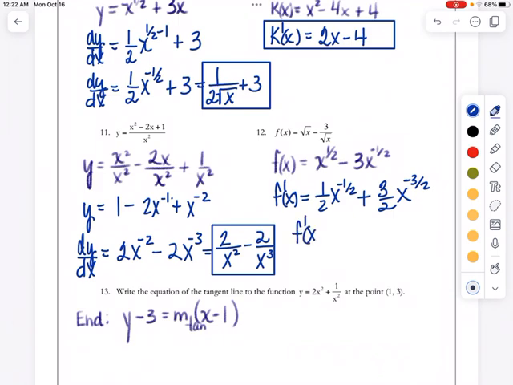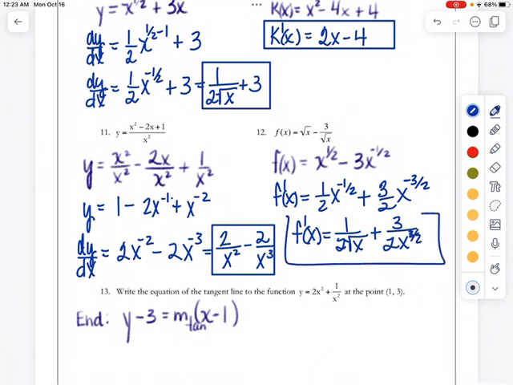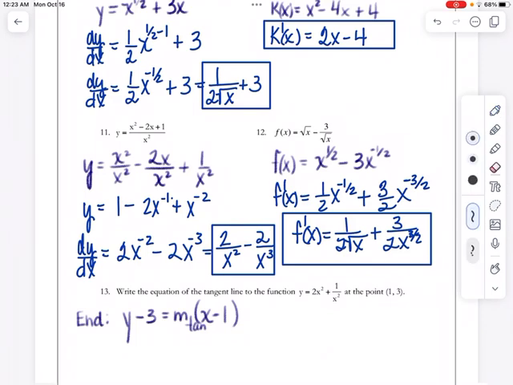So we have f prime of x is equal to 1 over 2 square root of x, and then over here we have plus 3 over 2 times x to the 3/2. Now, there are different ways to simplify, and sometimes there's little return on your investment, but there are times where you definitely want to simplify. Right now, I'm going to leave that as our answer.